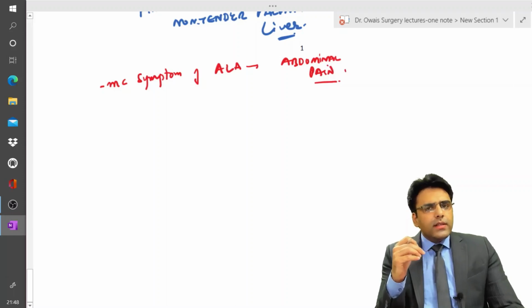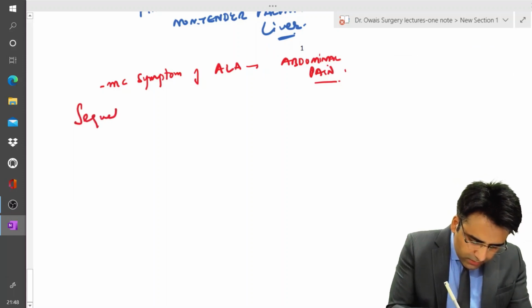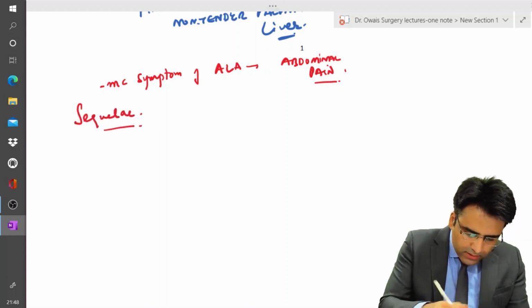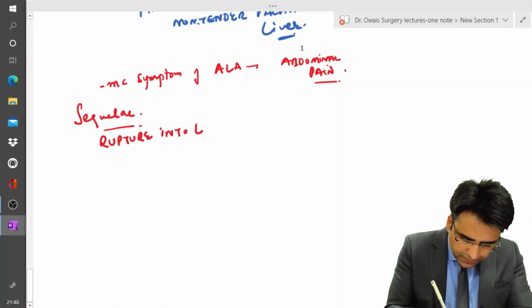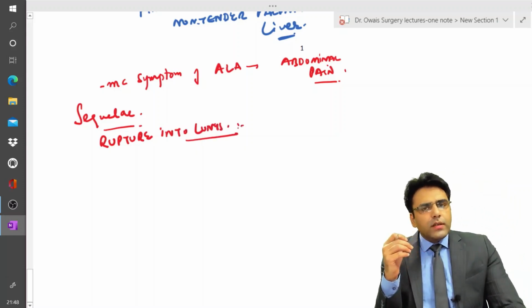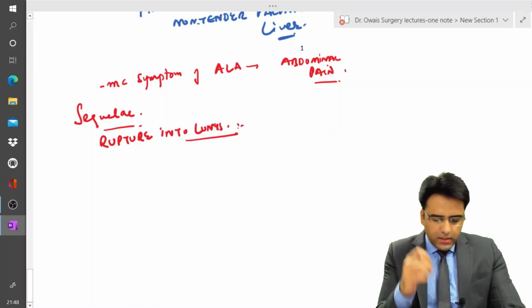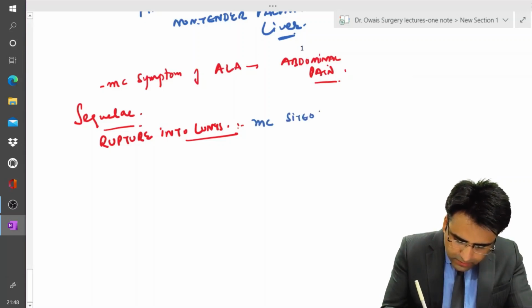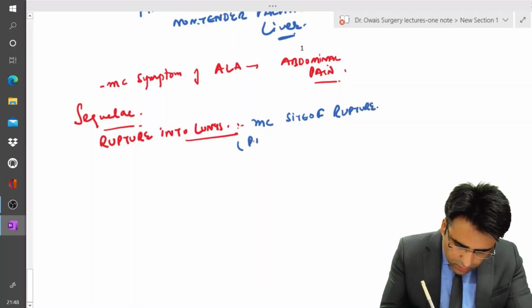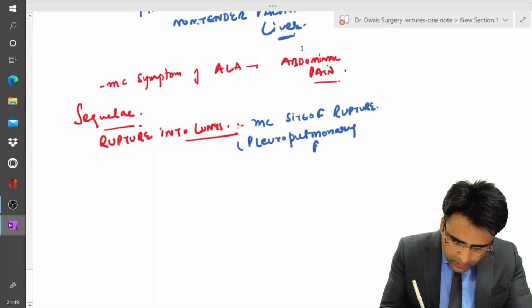Now next let us discuss the various sequelae of amoebic liver abscess. First is rupture into the lungs. Rupture into the lungs is the most common site of rupture, and it is also called pleuropulmonary rupture.